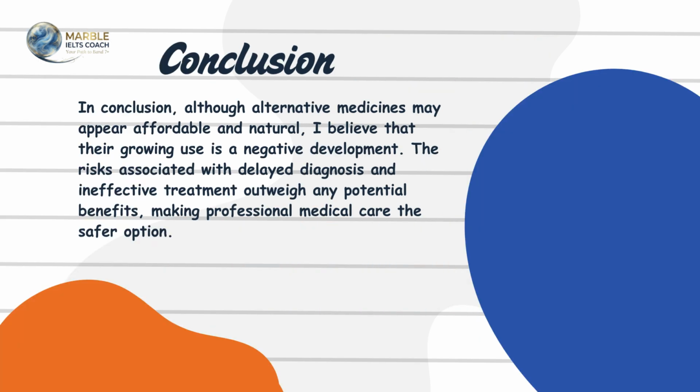Conclusion. In conclusion, although alternative medicine may appear affordable and natural, I believe that their growing use is a negative development. The risks associated with delayed diagnosis and ineffective treatment outweigh the potential benefits, making professional medical care the safer option.